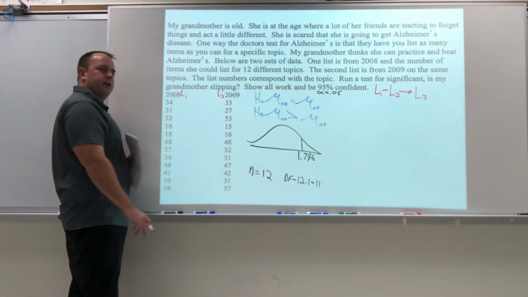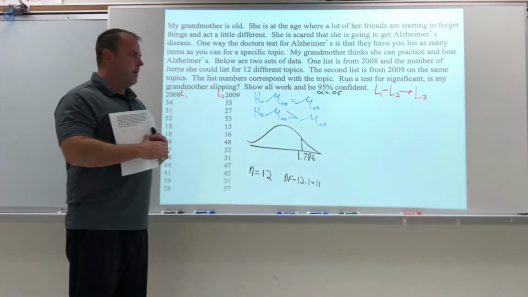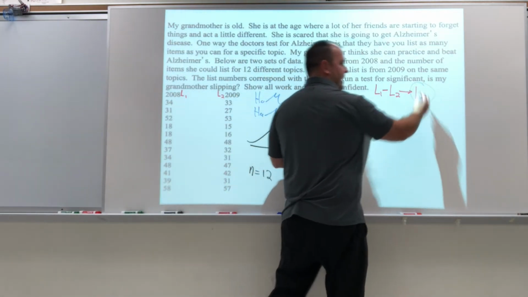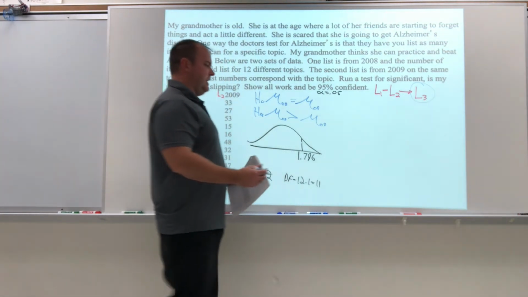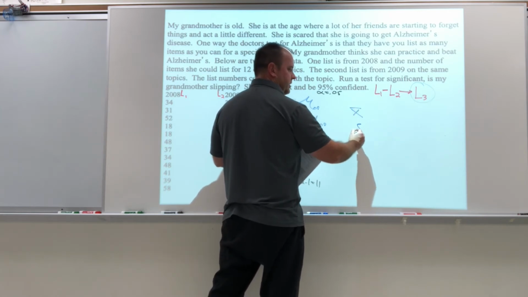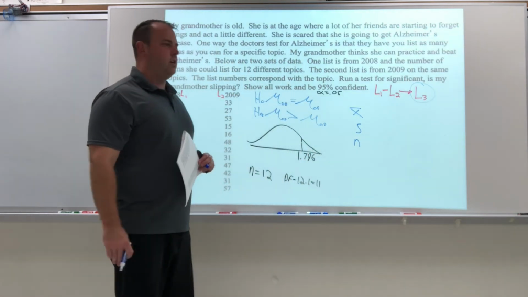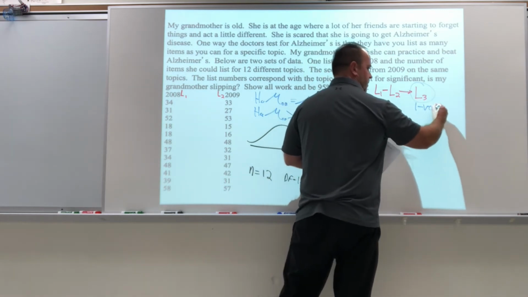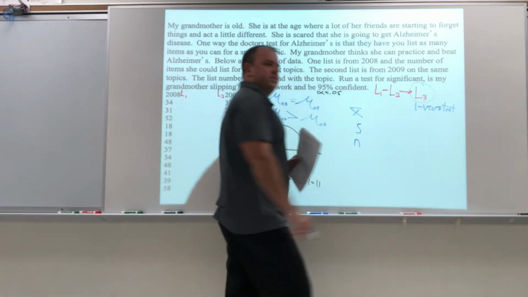You can do a couple of them to make sure, if you don't believe me, that those are the right values. But now that L3 is the list we're going to use to find our test statistic. And we're going to need our average, we're going to need our standard deviation, and we're going to need our n. So all that can be done using one variable stats with the list of L3.